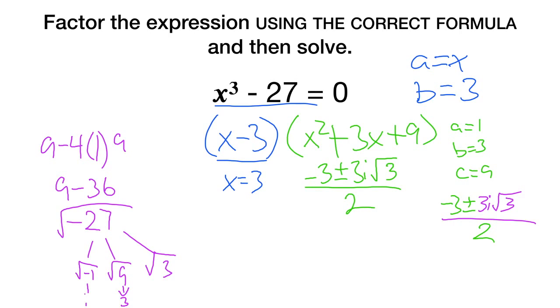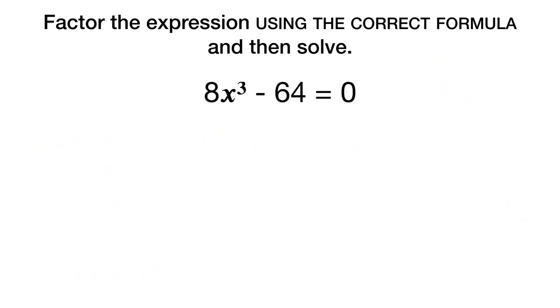So now let's try another. Okay, so now you'll notice we no longer have a leading coefficient of 1. I'm now saying 8x cubed minus 64 equals 0. So where before it was very easy to find our a value, because a was just x, I now have to say what is the cube root of 8, which in this case means that a is now 2x.